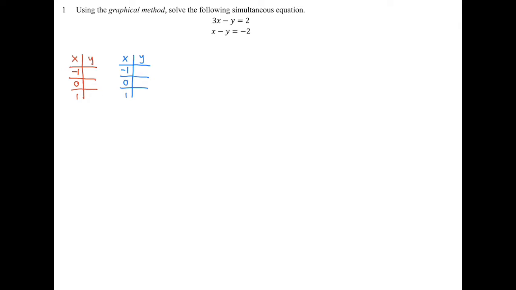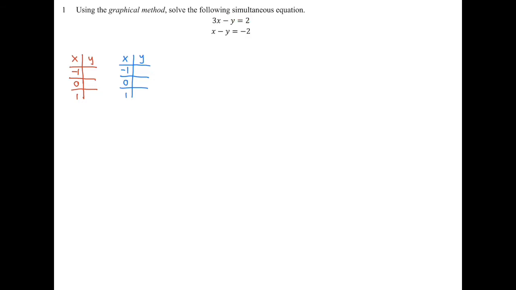Okay. So next step is to fill in the tables. We need to fill in the y values for each table using the equation. So for my first equation, 3x minus y equals 2, we need to complete the y values for each. So that gives us what? If we plug a negative 1 on the first equation, what are we going to have?